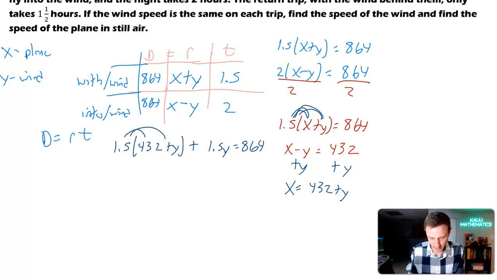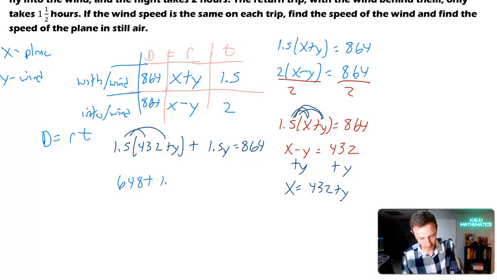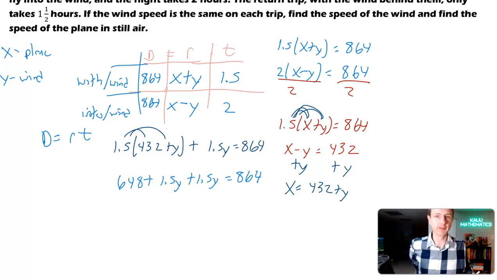So then we do 432 times 1.5, which is 648, plus 1.5 times y plus 1.5 times y equals 864. And you could wipe out that 1.5 if you wanted to. There's a way to do that. But if you want to try to avoid that kind of step, then I will just keep dealing with the decimals head on.